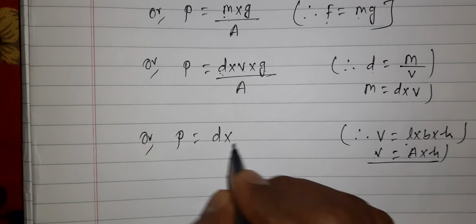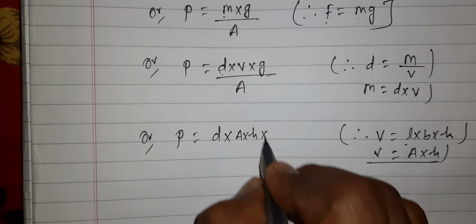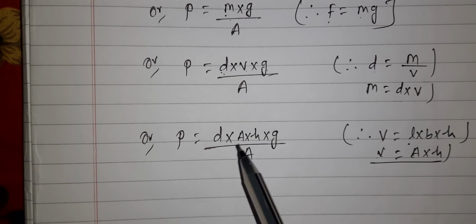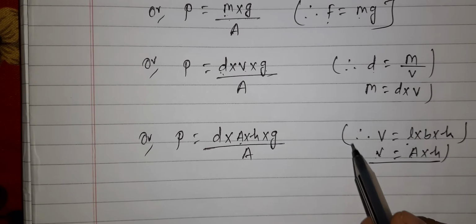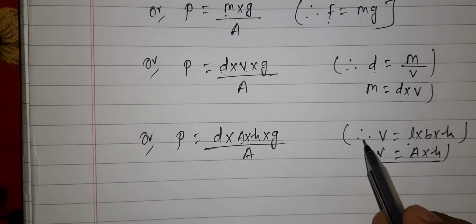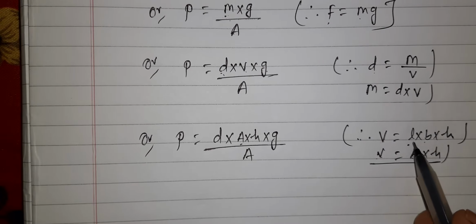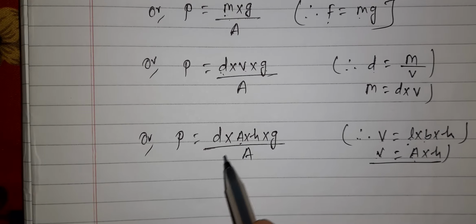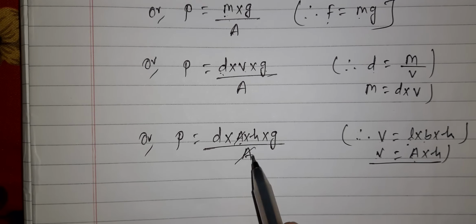Then instead of V, we write A into H, so we get d into A into H into g divided by A. In bracket we also write, therefore V is equal to L into B into H, and L into B indicates the area. So here this area and this area both get cancelled.